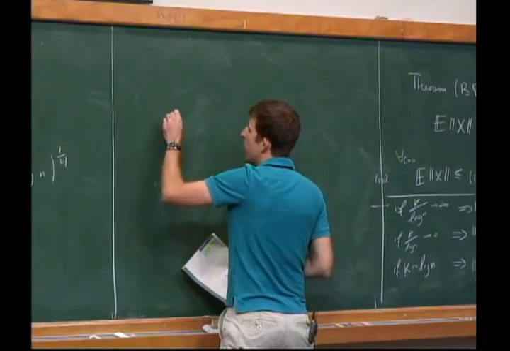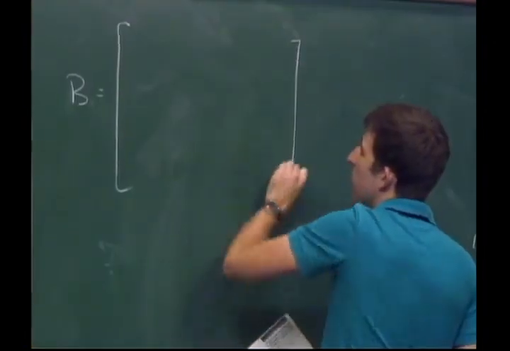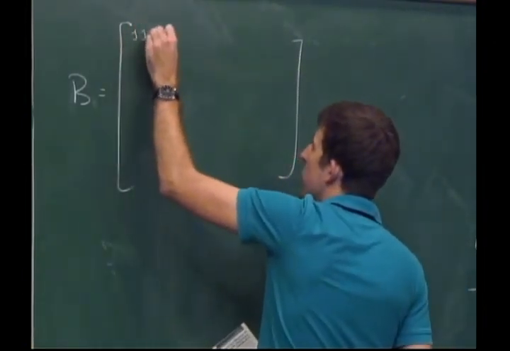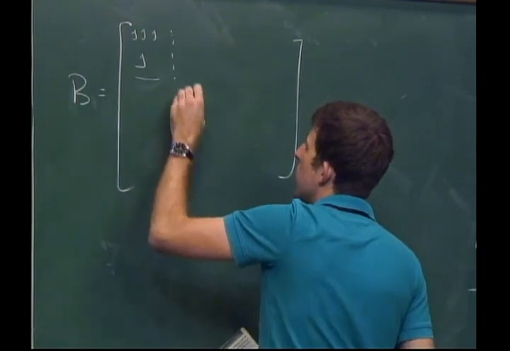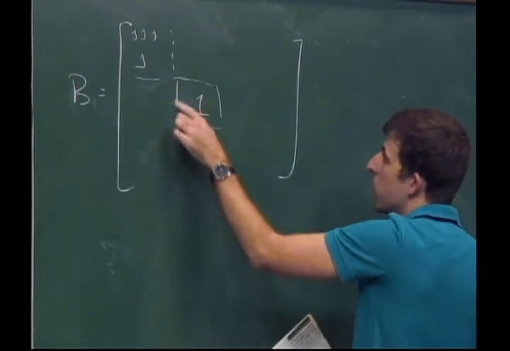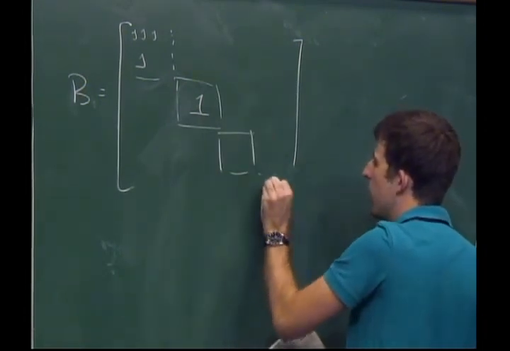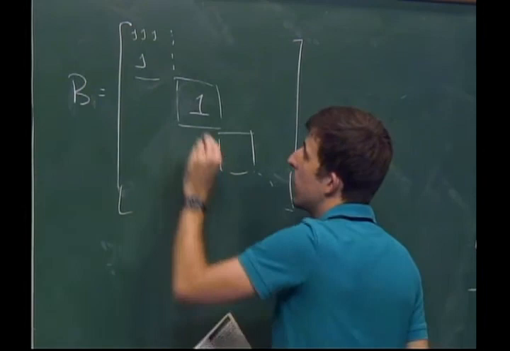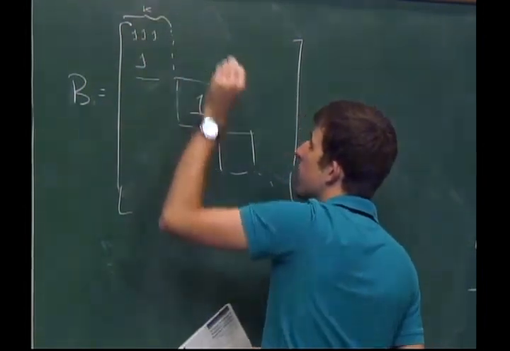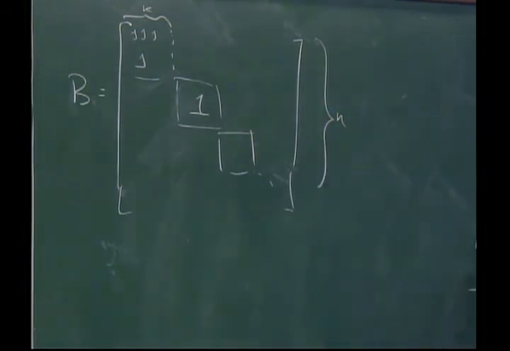And the example is to pick B to be just a bunch of whole ones matrices here. So I mean a big matrix made just of ones, and a lot of them, such that the size of each one is k, and there is a total of n entries in this matrix.